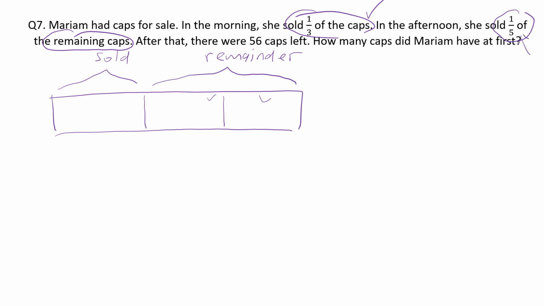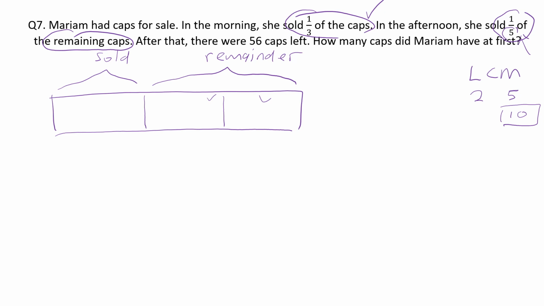What's the lowest common multiple to make it the same? We call it the lowest common multiple. Now we have 2 units, and they say she sold 1/5, 2 and 5. What is the lowest common multiple? What do you think? Correct, it's 10. Multiple of 5, multiple of 2. The lowest is 10.